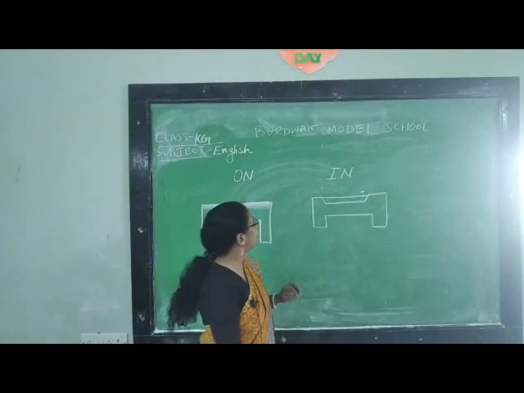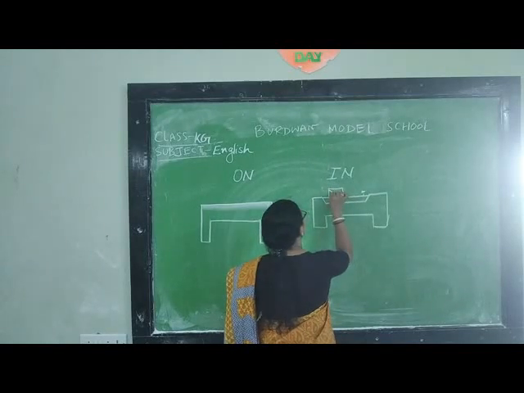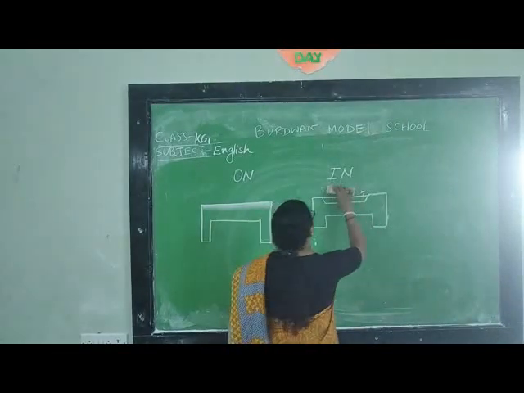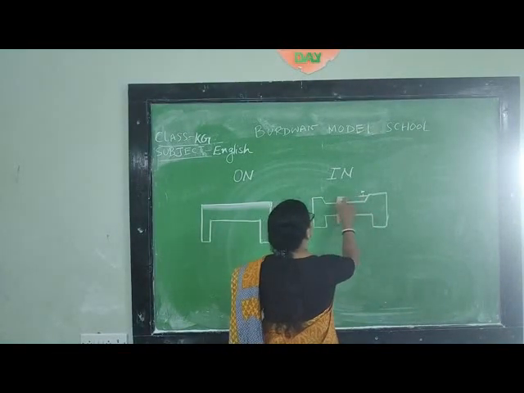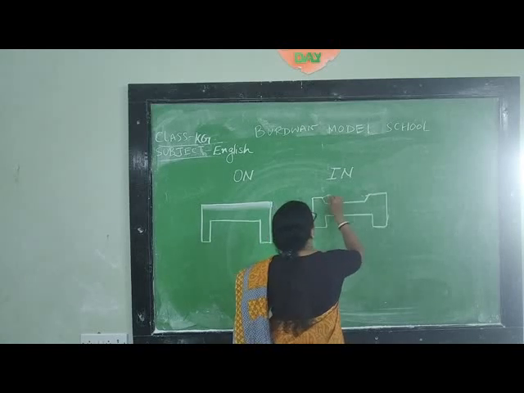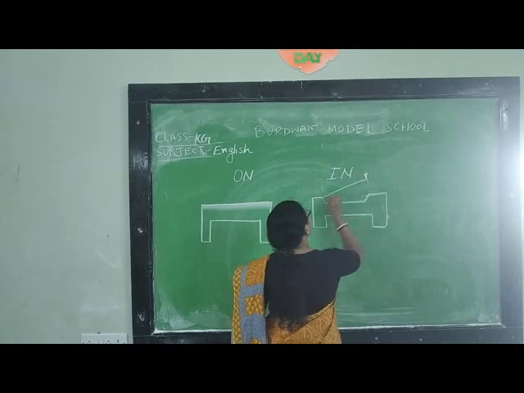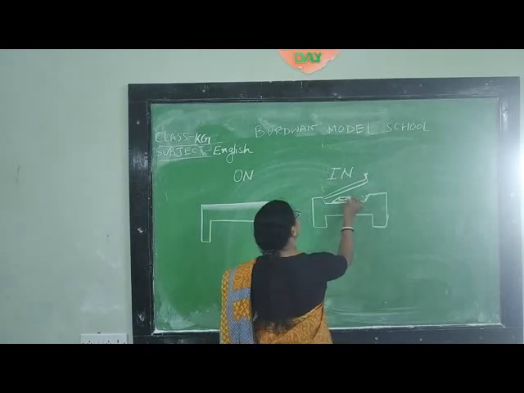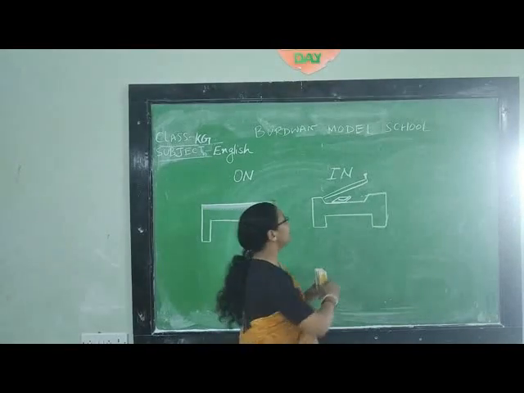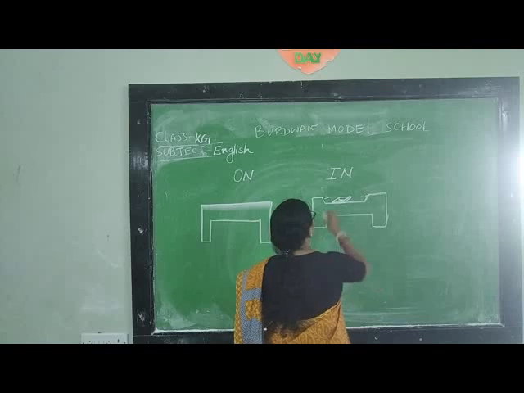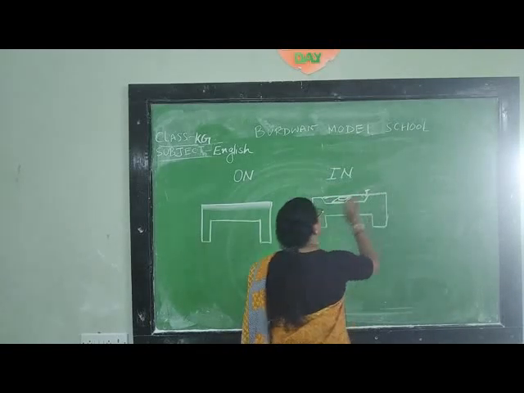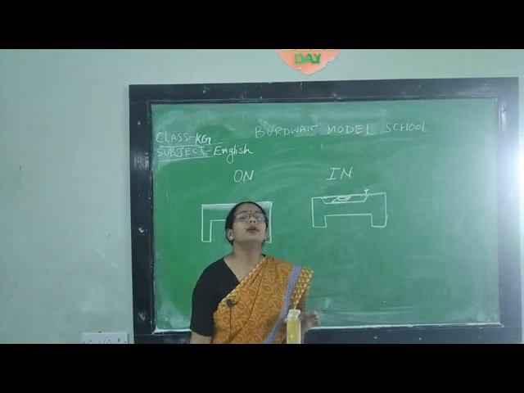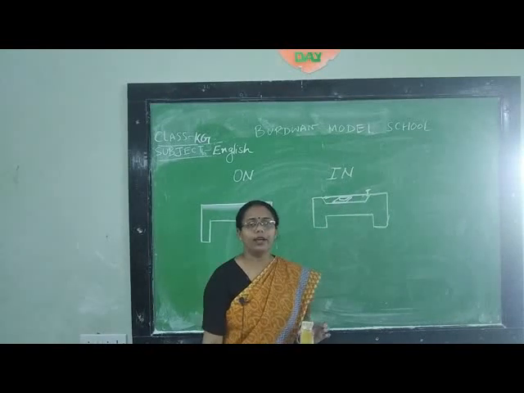If the purse is kept here, then the purse is on the table, but if I pull it up and keep my purse over here, and then put it down again, now where is the purse? The purse is in the drawer.